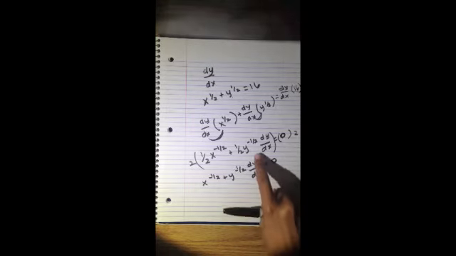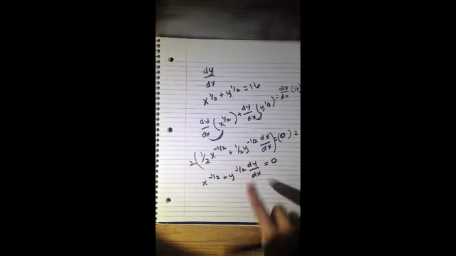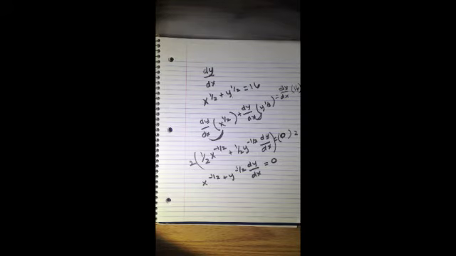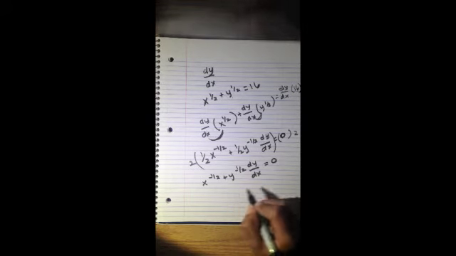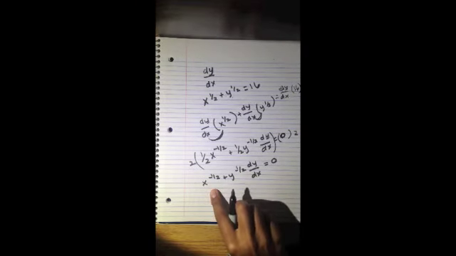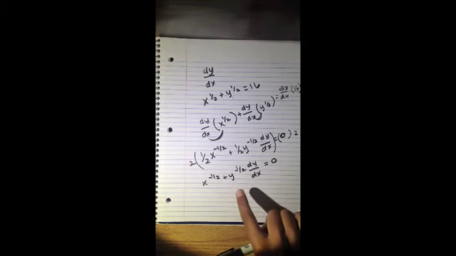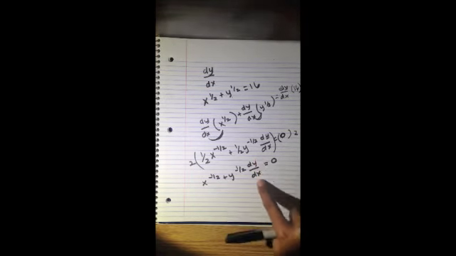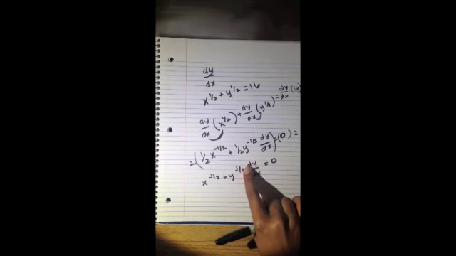Then your next step is going to be to isolate dy dx. So you're going to subtract x to the negative 1/2 and divide by y to the negative 1/2 to isolate. Simple algebra that we've learned before. It's just like isolating a variable.